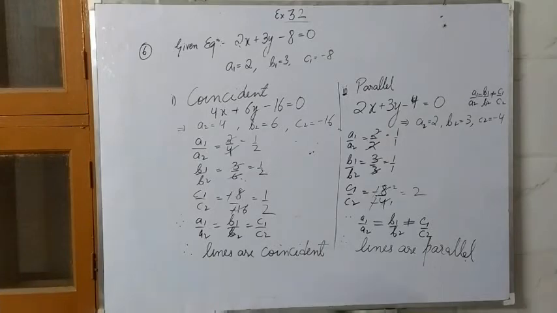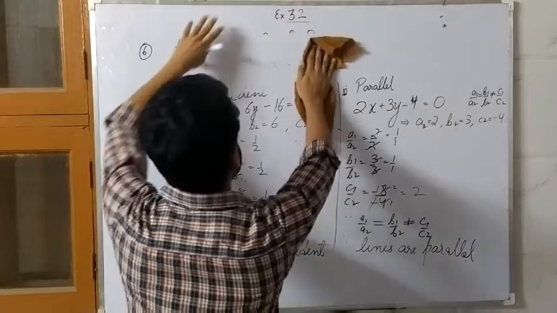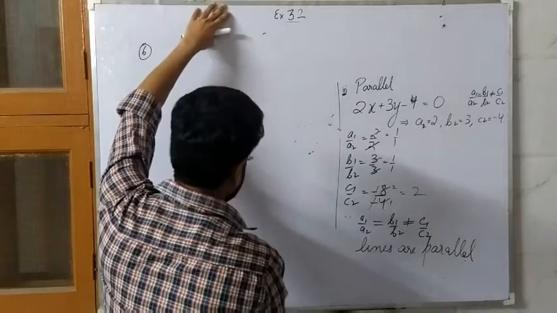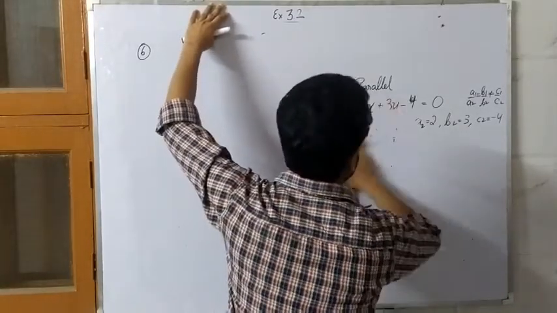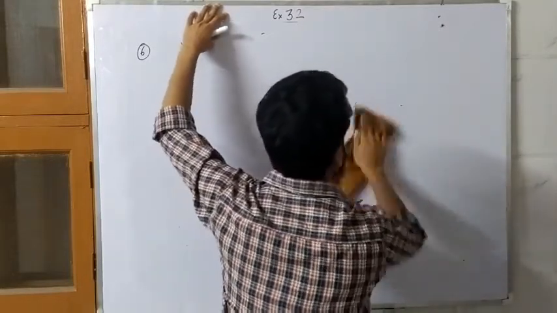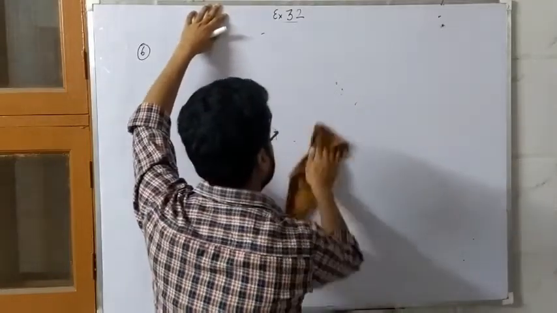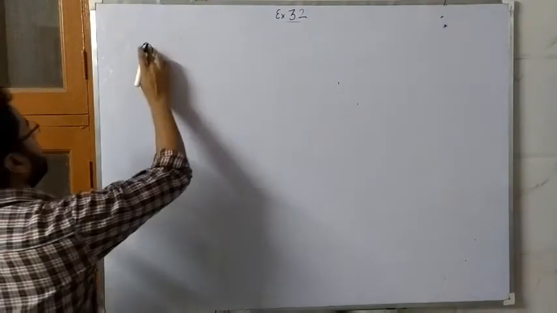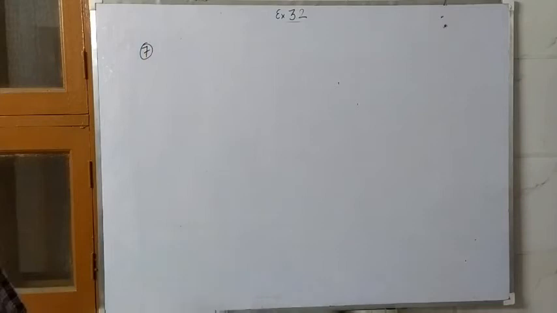ओके, नाउ कम टू द लास्ट क्वेश्चन ऑफ द एक्सरसाइज 7th, राइट। Now question number 7 on the exercise, ठीक है, but it says draw the graph of the given pair of equations and determine the coordinates of the vertices of triangle formed by this line and the x-axis and shade the triangular region, right?